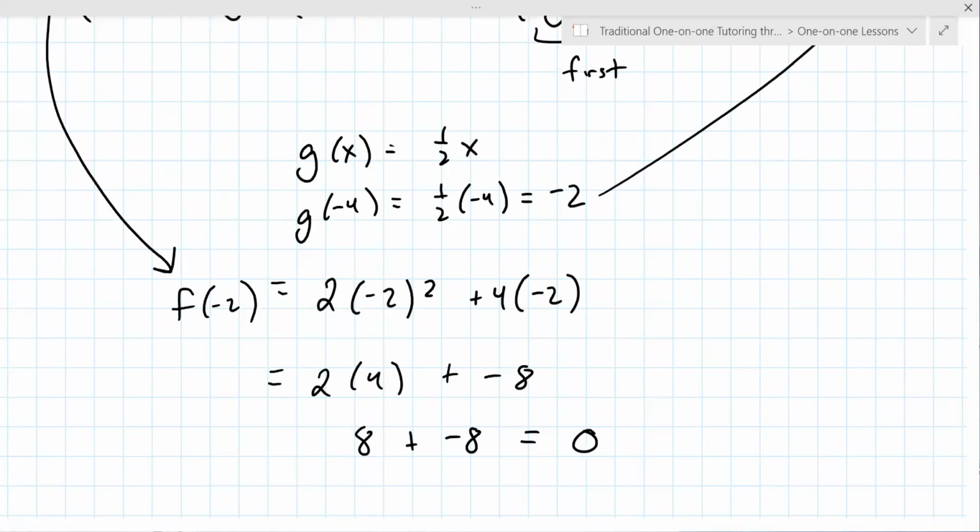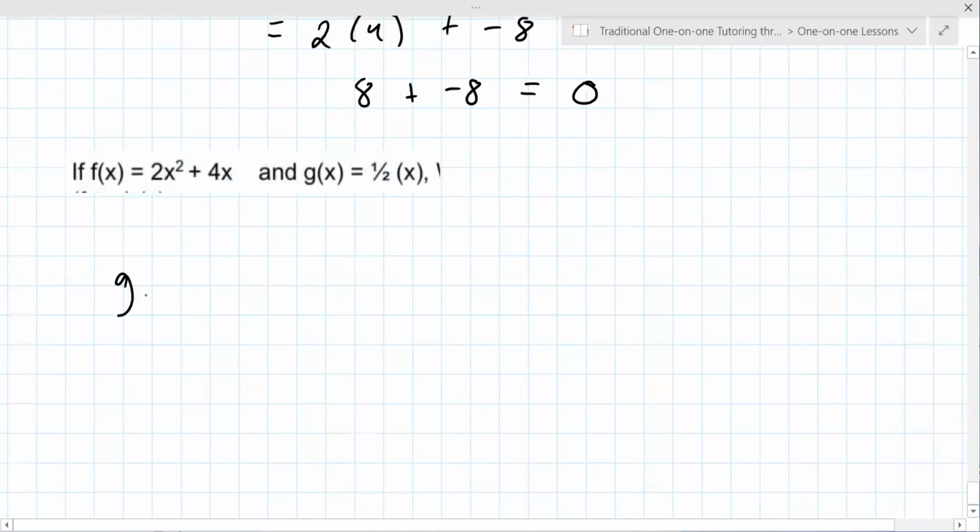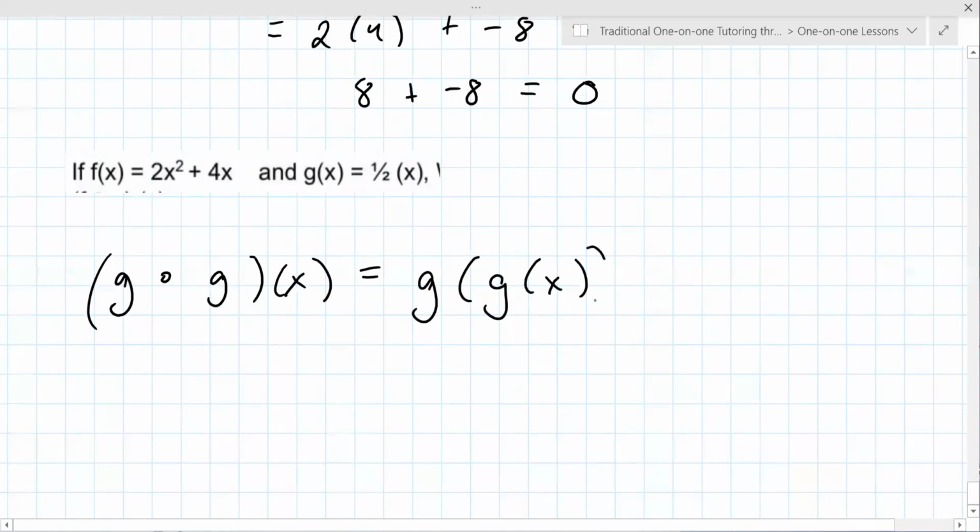Okay, let's try another one here. We've got time. Let's do g bubble g of x. This means g of g of x. You can nest as many functions as you want inside the other; it's just like having an inside function. So g of x is 1/2 x, so this is really g of 1/2 x.